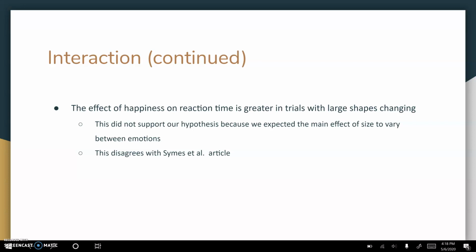So the interaction is difficult to connect to the articles. However, since there was no main effect of size, it obviously disagrees with the Symes et al.